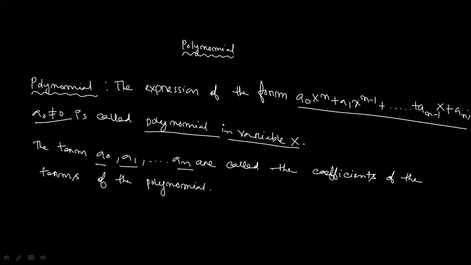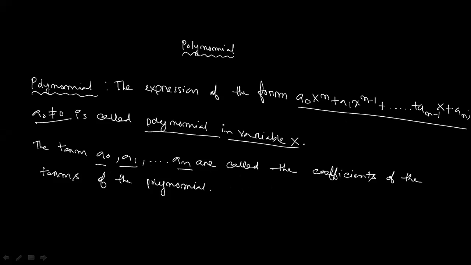Yes or no? So that means a0, a1, then a n minus 1, an. These are known as the coefficients of the terms of the polynomial.